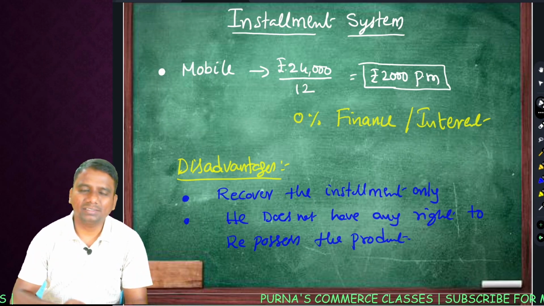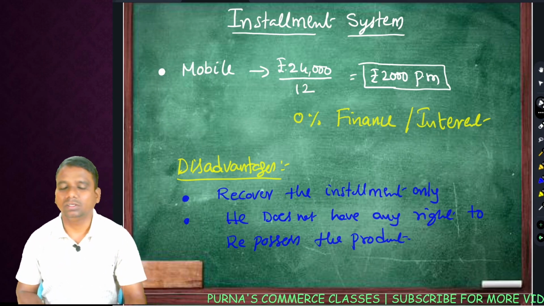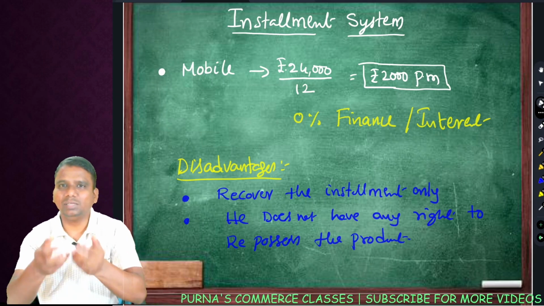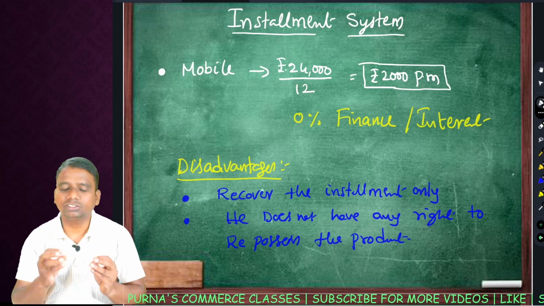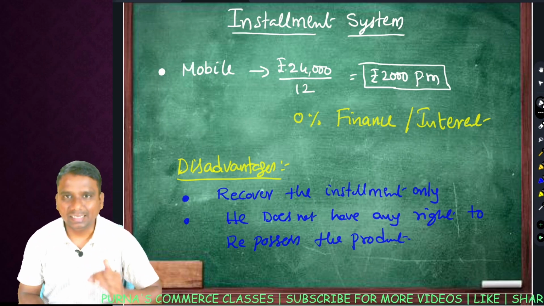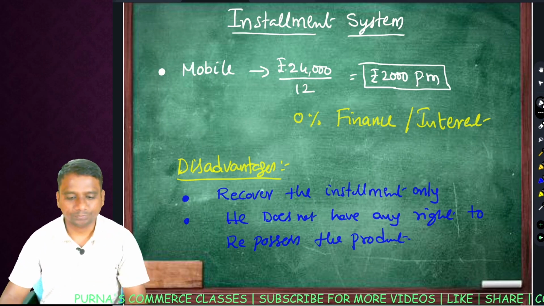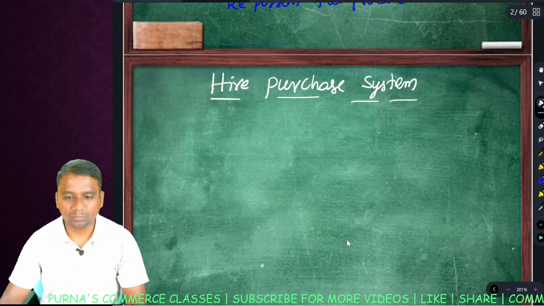Once the buyer fails to pay the amount, then what is the drawback here? Repossessing the goods. Now, this drawback of the installment system gives birth to the hire purchase system.